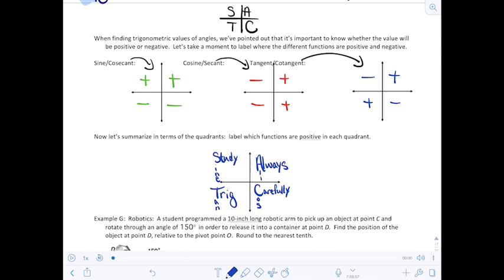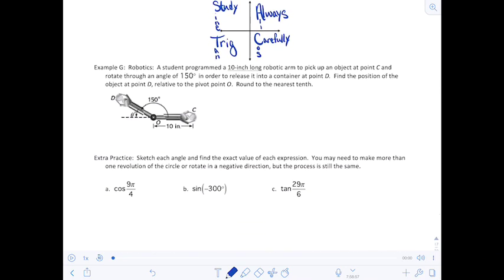Okay, let's do an example application. So robotics. A student programmed a 10-inch long robotic arm. So this robotic arm right here is 10 inches long. Initial side, there it is labeled, 10 inches long. And we see that it's rotated.